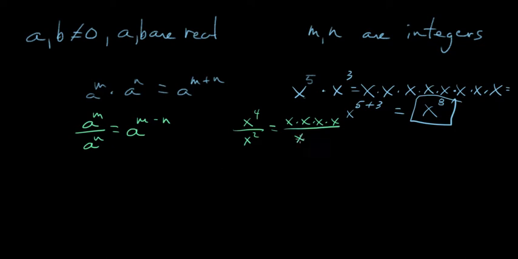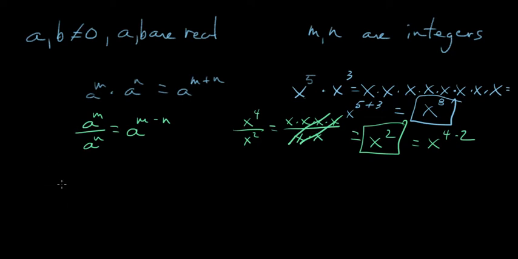X squared is x times x. Look, cancel x for x and x for x. Okay? What do you get? X squared, which equals x to the 4 minus 2. Okay? So you subtract. That's all you do. You subtract exponents when you're dividing.